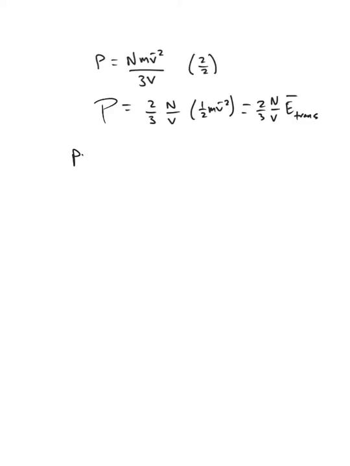Now we know that PV equals nRT. I'm going to substitute in the number of molecules over Avogadro's number for moles, and we get something interesting here. I'm going to rearrange pressure by itself and get nRT. Again, capital N is number of molecules over Avogadro's number times the volume.